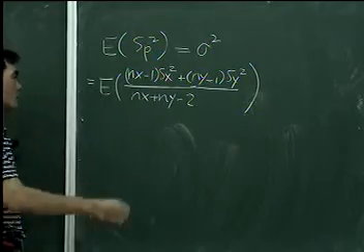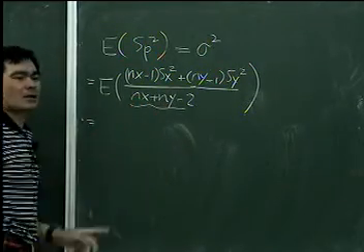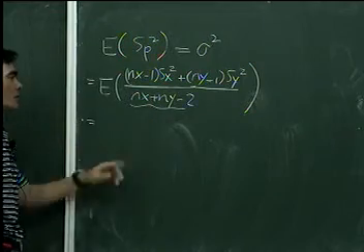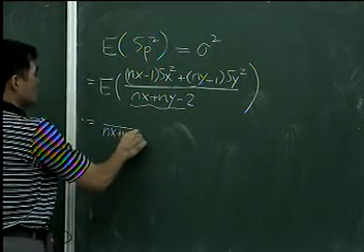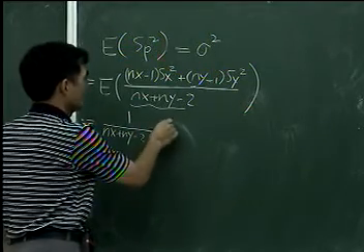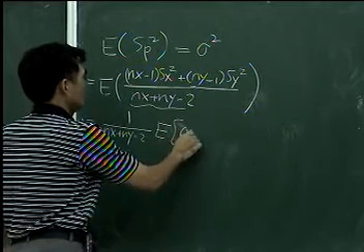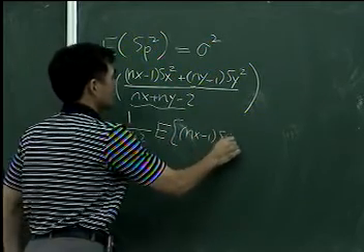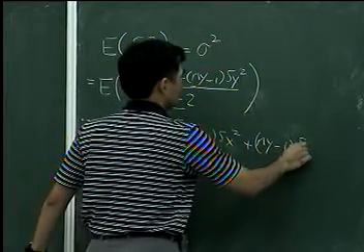Now, this one is a constant, right? So we can move this out. So nx plus ny minus 2, we get it out. And then the expectation. Here you have (nx minus 1) Sx squared plus (ny minus 1) Sy squared.